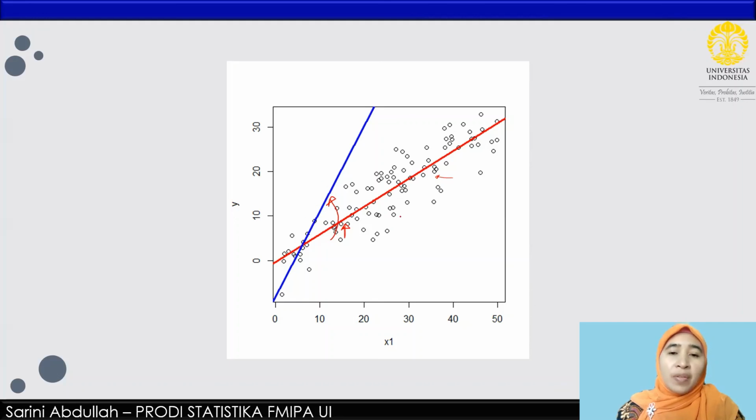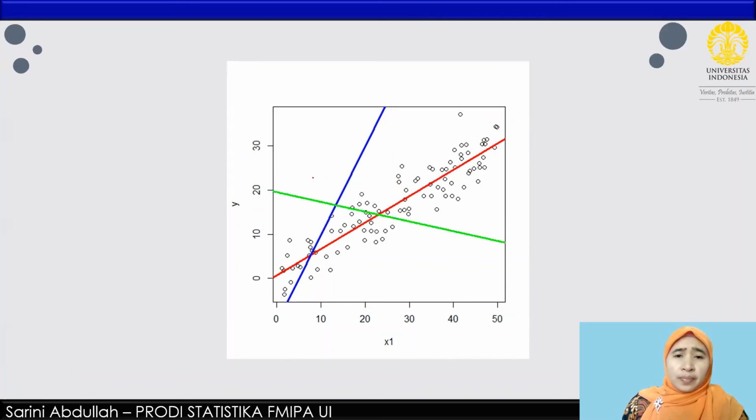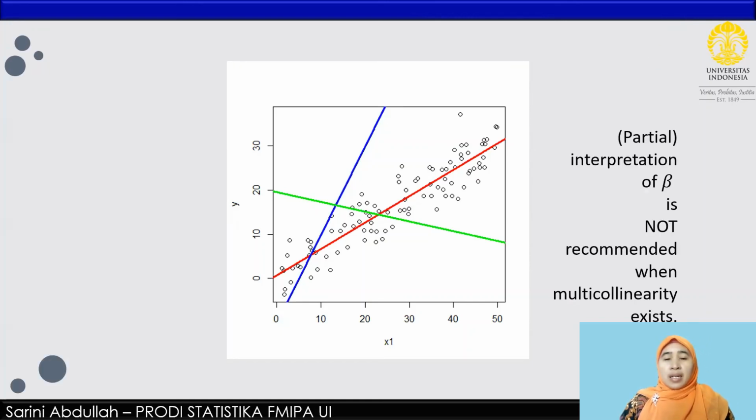Remember before, for example, we have this is 500B and this is 1000B. So slight changes of the value of the predictor variables might drastically change the value of the beta, when actually beta represents the partial information given by this variable in explaining y. So in the case where there is some multicollinearity, we do not recommend interpreting beta J in the model.